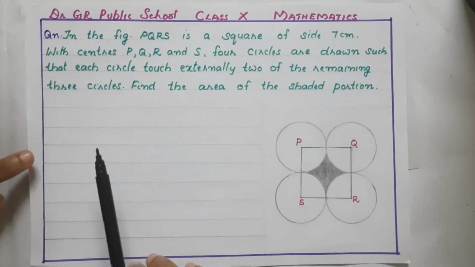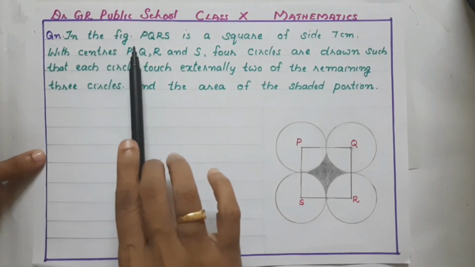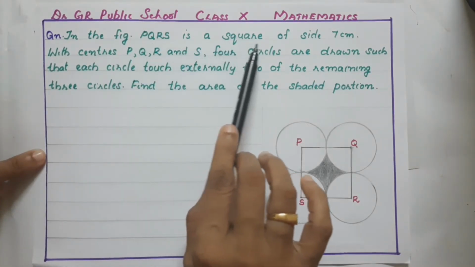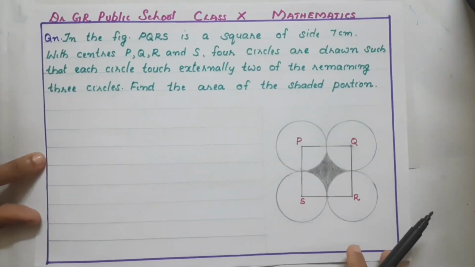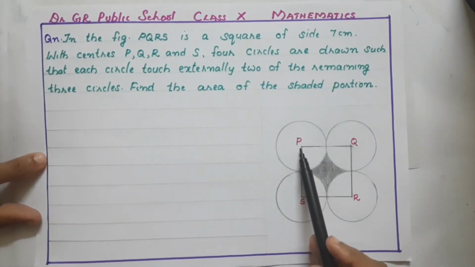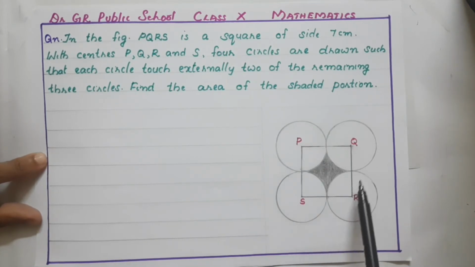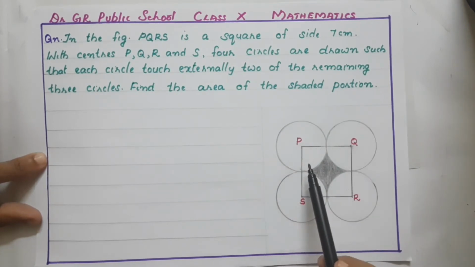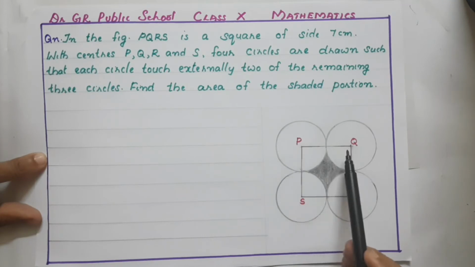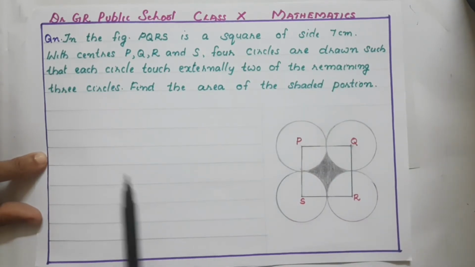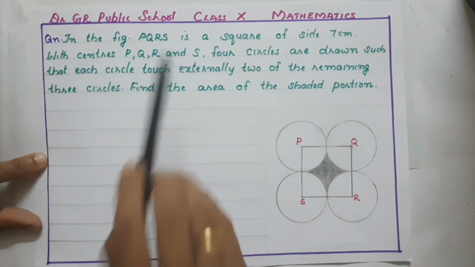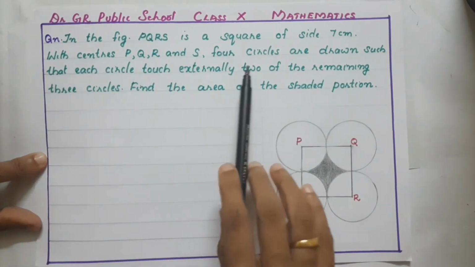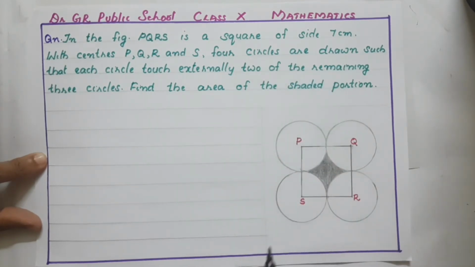Our next question is, in the figure, PQRS is a square of side 7 centimeter. Did you see the square PQRS? Its side measurement is 7 centimeter. Now, with centers P, Q, R and S, 4 circles are drawn.